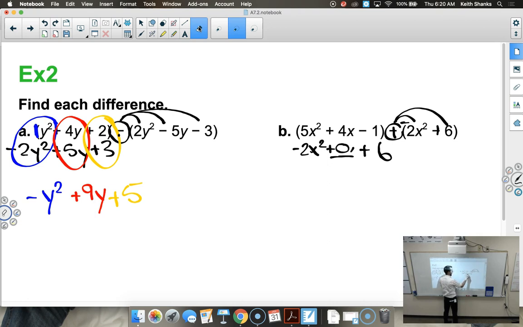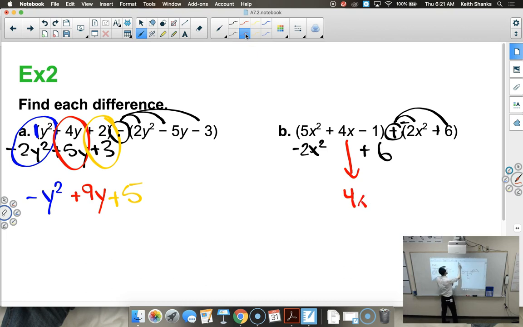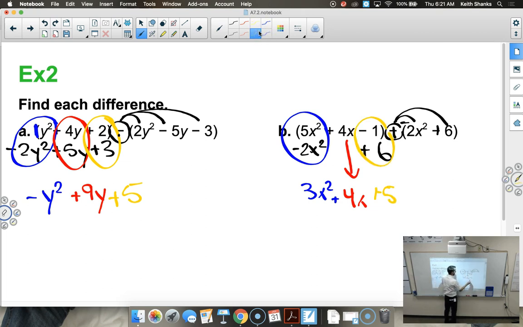You're going to add 0x. You don't need to write that. You just leave the space. And what's nice is when you get to that part, you just drop this one straight down, 4x. The other two, you have to do some more combining. So this would be 3x squared plus 4x, and then plus 5.